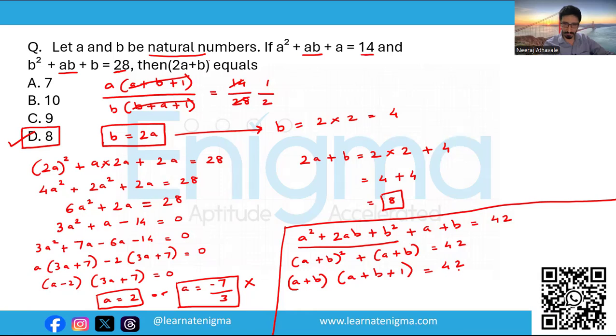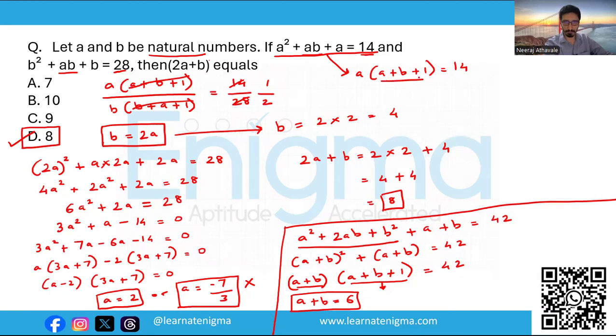Now we know the factors of 42 are 6 and 7. So that satisfies the equation. Therefore we get a plus b is equal to 6, and a plus b plus 1 becomes 7. So if you take a common here, we get a times (a plus b plus 1) is equal to 14.